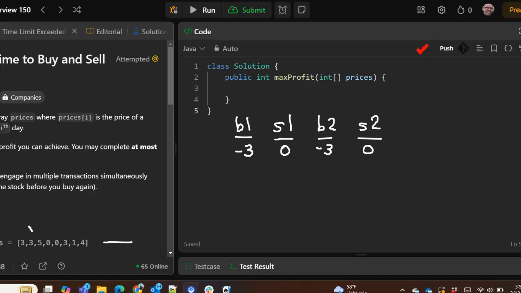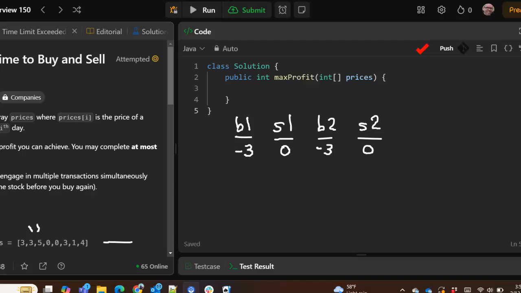And finally, the second sell profit would be the max of whatever it is now, and the second buy balance plus the current price. We carried through minus 3 plus 3. It's 0.